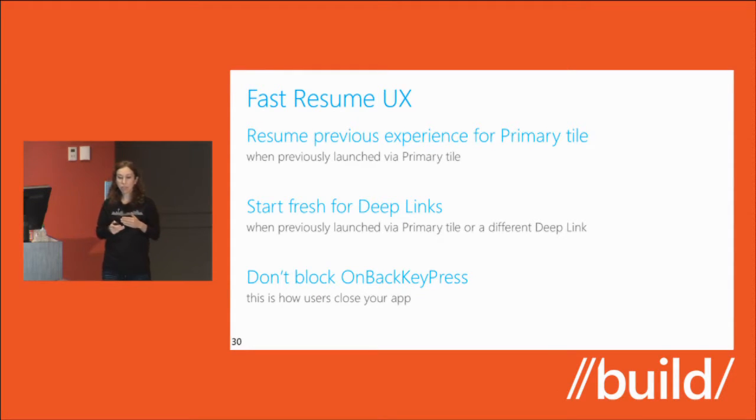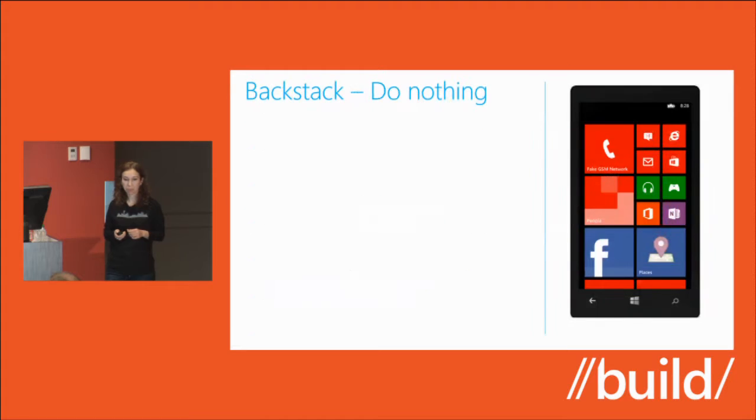So if the user wants the ability to start fresh, to start a new application process, the only way they can do that is using the back button to exit the application. We have a certification requirement that applications do not block on back key press, but this is even more important if the application is doing fast resume. So I wanted to give you that to understand the motivation there.